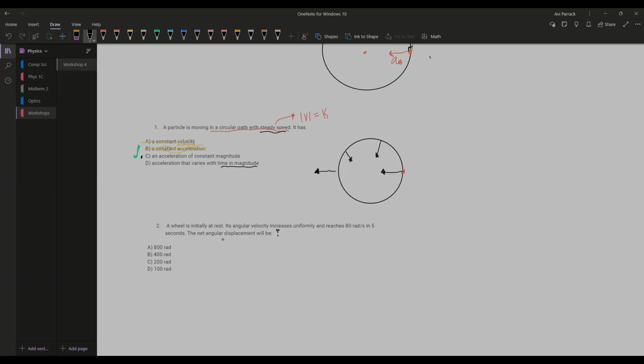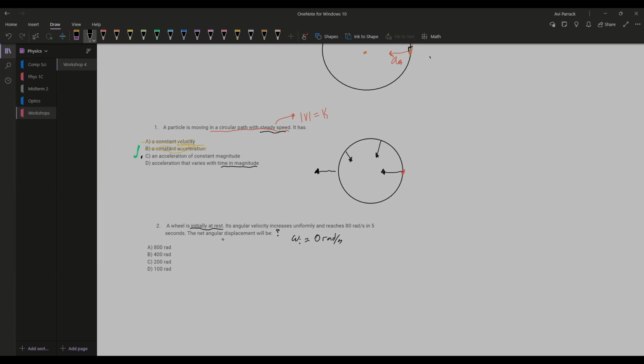So what did they tell us? We've got to pick out all the information from here. The wheel is initially at rest. So initially, it's not moving. That tells us that omega_i is equal to 0. That is the initial angular velocity equals 0 radians per second. It's at rest.